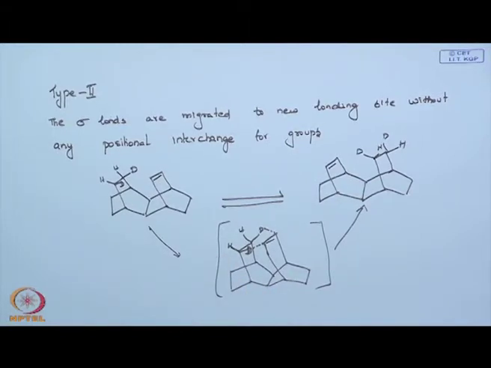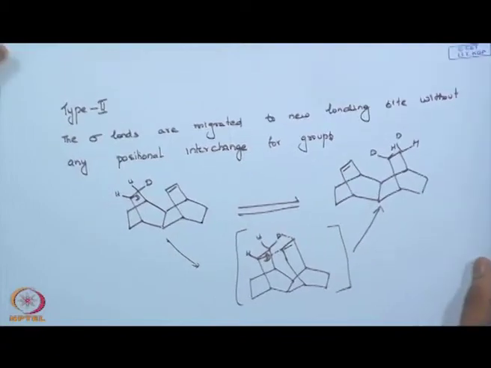So this is type 2 of your dyotropic rearrangement. These are the two types of dyotropic rearrangements. Let me briefly tell you what a dyotropic rearrangement is. A dyotropic rearrangement is a class of pericyclic reactions in which two sigma bonds undergo rearrangement intramolecularly, in a concerted manner, and the movement of the two sigma bonds should be simultaneous.